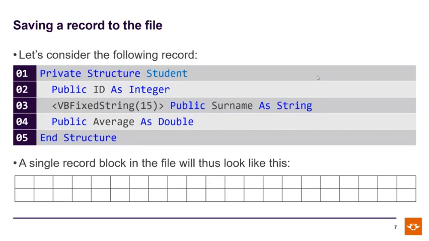Whatever is not filled will be filled with empty character spaces, basically. So the size being stored will always be 15 characters. It's very important that you understand that it's always going to be storing 15 characters, regardless of the empty spaces. Then you've got an average as a double.